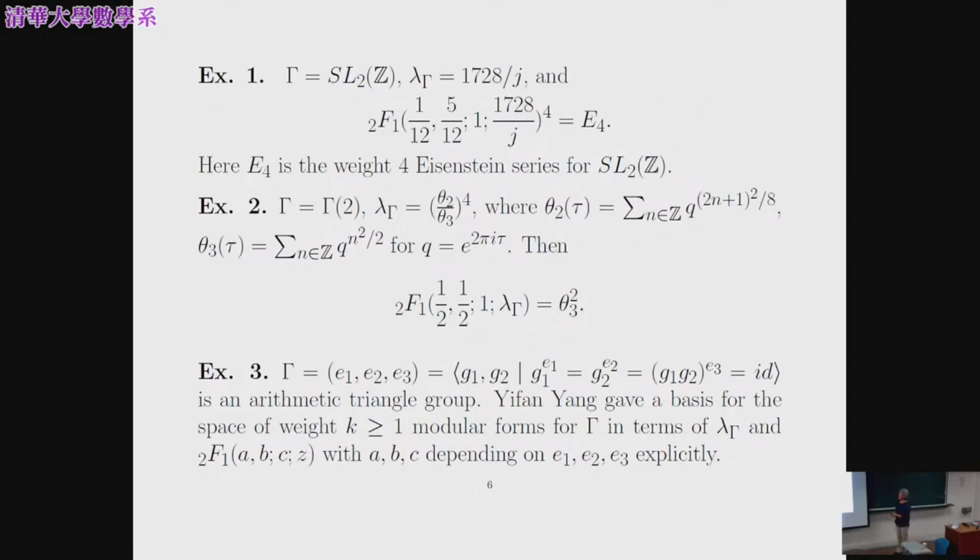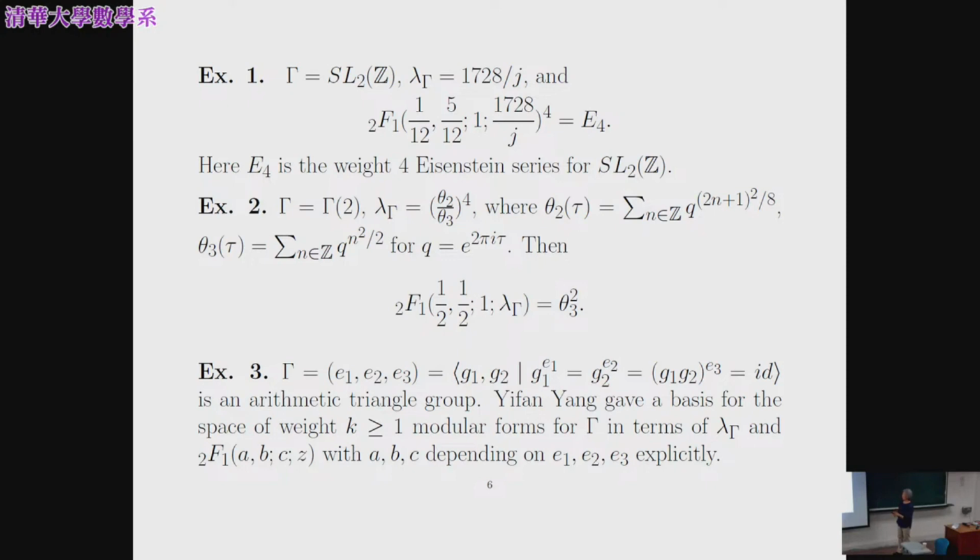For instance, we take gamma to be SL2Z, and the standard map from X_gamma to P1C is the J function, and certainly 1728 over J is also a function with a simple zero and simple pole.